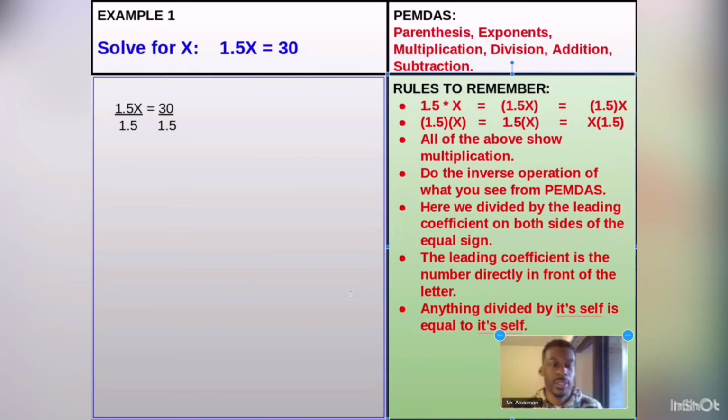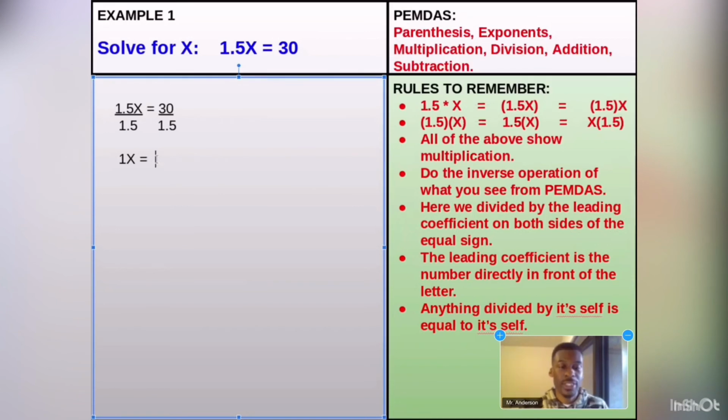Okay? So right here, if we're following that rule, we will see that 1.5 divided by 1.5 is 1. And x divided by, well, there's nothing else there to divide by, so we'll just leave the x. We'll keep our equal sign. And then we have 30 on the right side, 30 divided by 1.5.